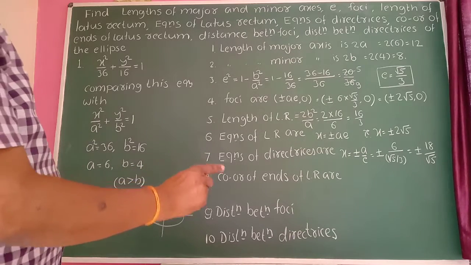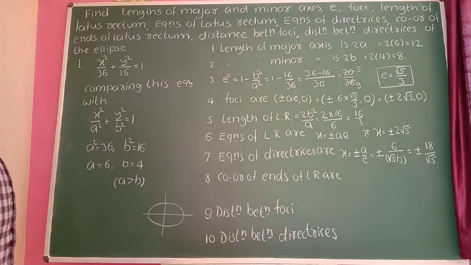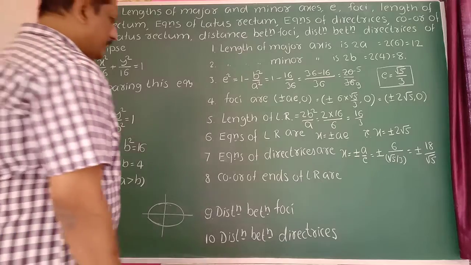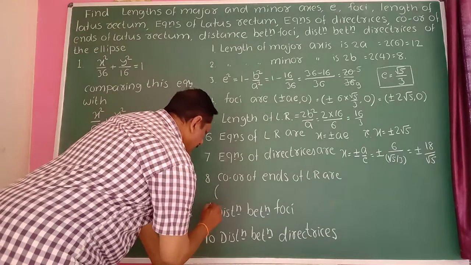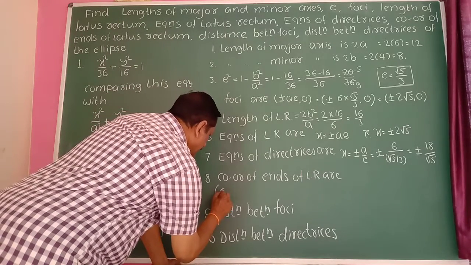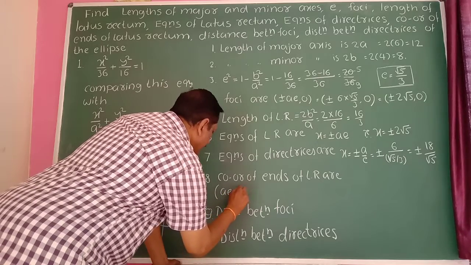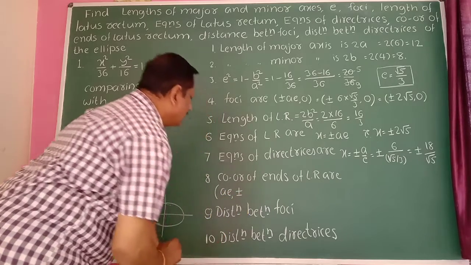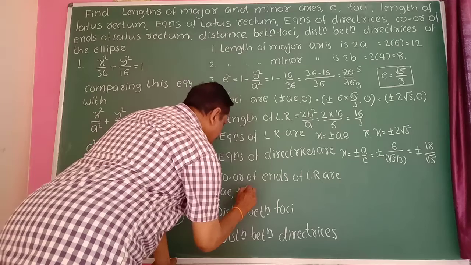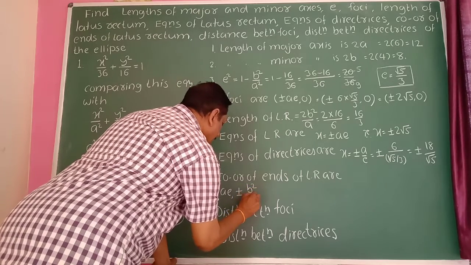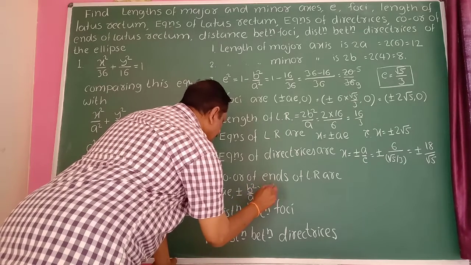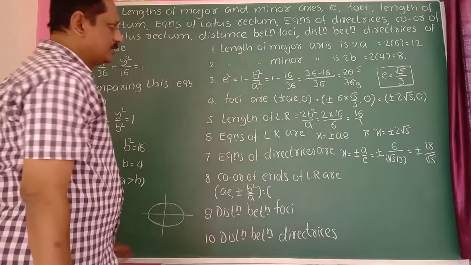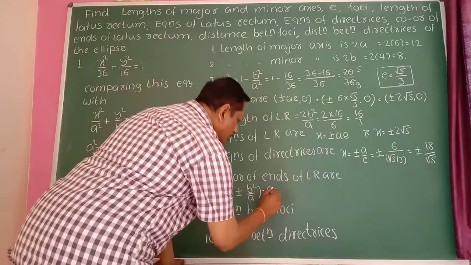Then the coordinates of ends of the latus rectum. Here you can take ae comma plus or minus b square by a. That is a into e, which is obviously 2 root 5.